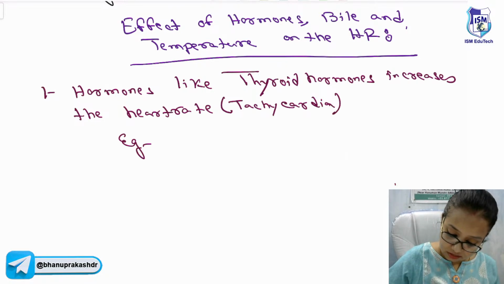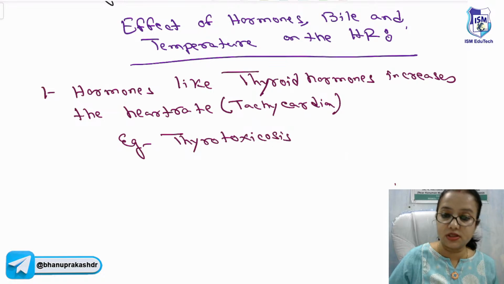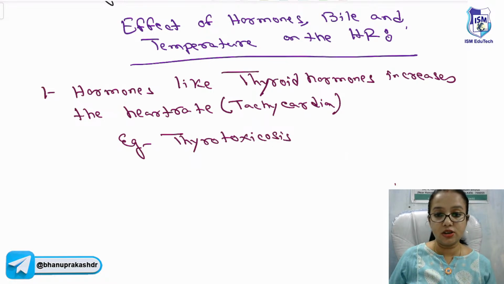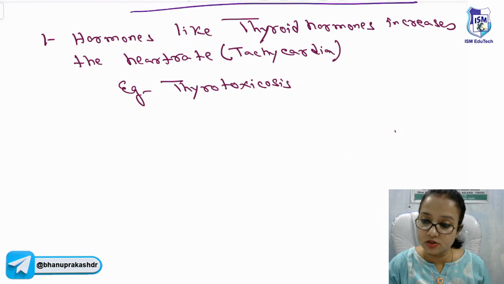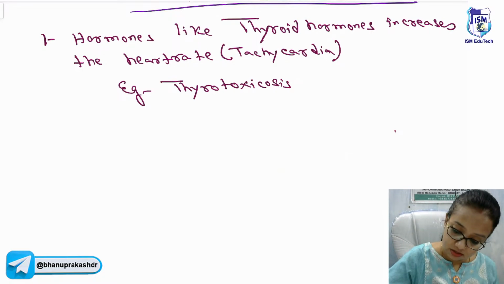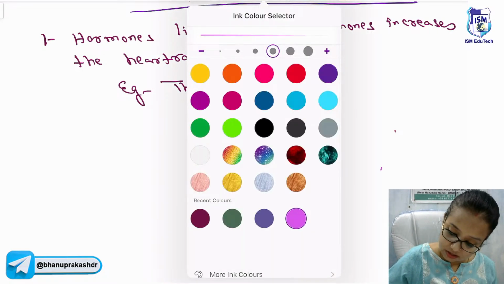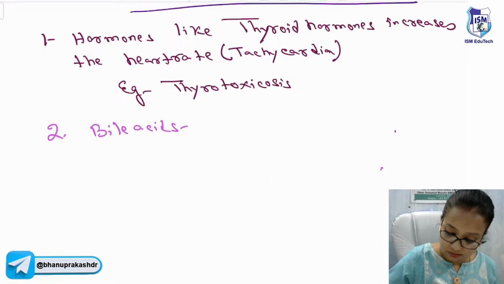Example, in thyrotoxicosis. Whenever there is increased quantity of the thyroid hormone circulating in the blood, it causes increase in the heart rate, a condition called thyrotoxicosis. Second condition is the bile salts.